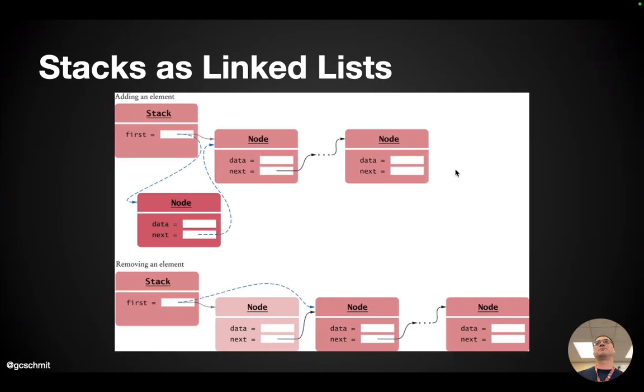I'm going to give you a minute to type it. It's like 4 lines of code, but based on this picture, you have to make a new node, you have to initialize data, and you have to update these references to insert the new node at the beginning of the list. So I'm going to give you a minute to do that, and then we'll check your solution against mine.